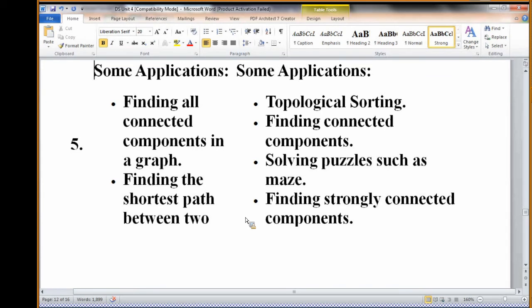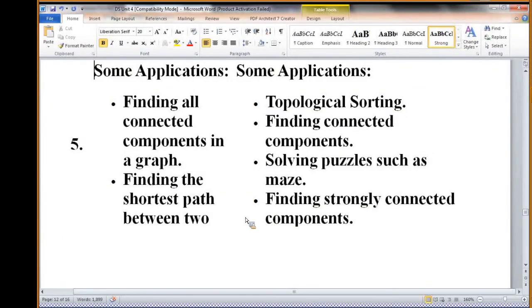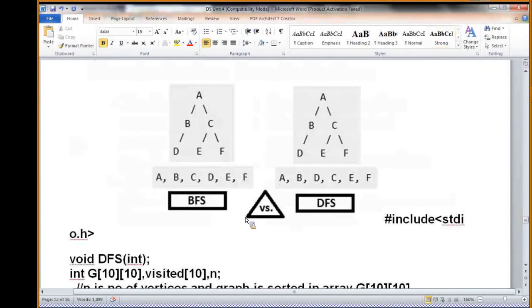Even games are using them. In the beginning they were used mainly in computer networks, and after that the usage and applications increased day by day. So wherever explore nodes means, please note down what I have given here.